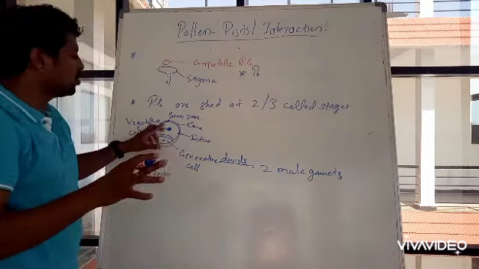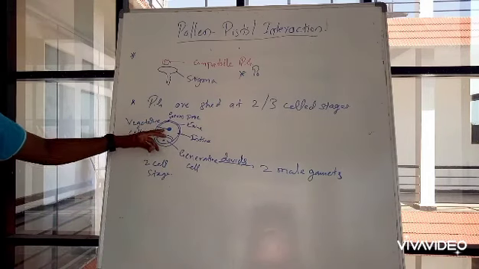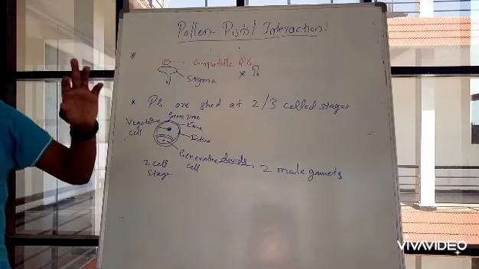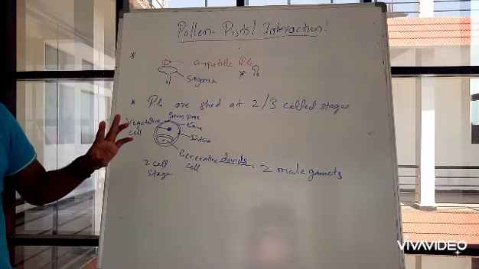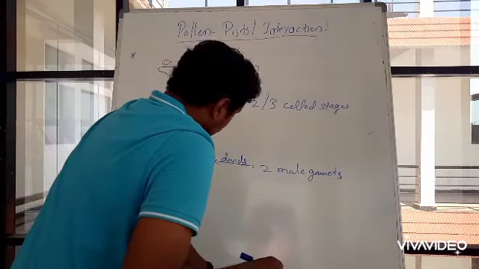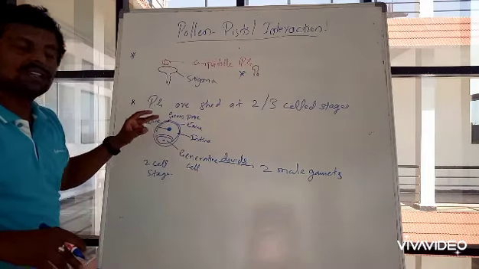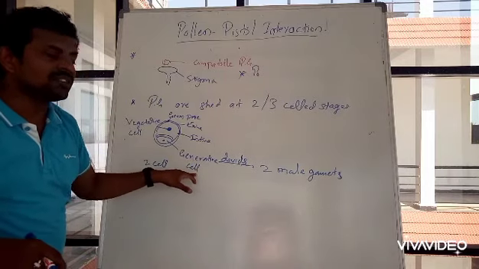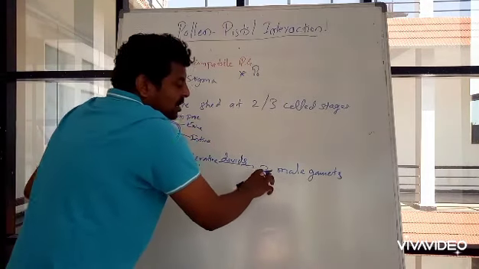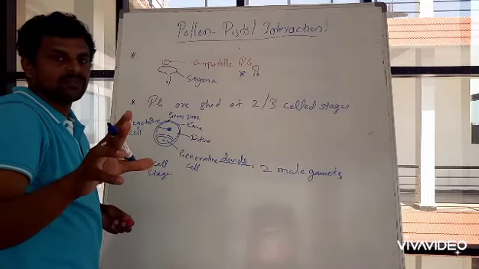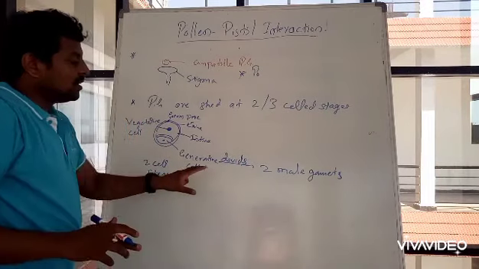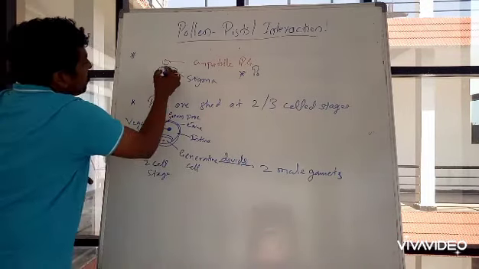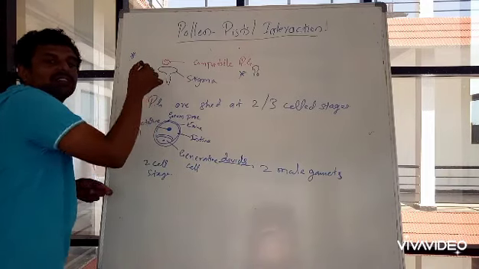The drawing which I have drawn here is of a two cell stage pollen grain. So this vegetative cell degenerates and the generative cell divides giving two male gametes. This division takes place once the pollen grain comes in contact with the stigma.